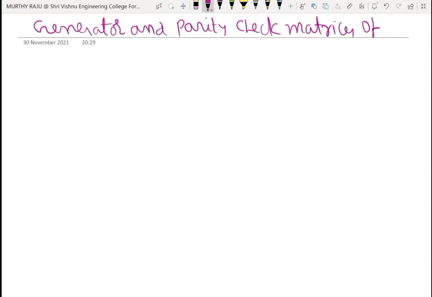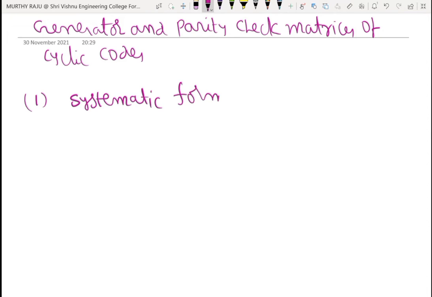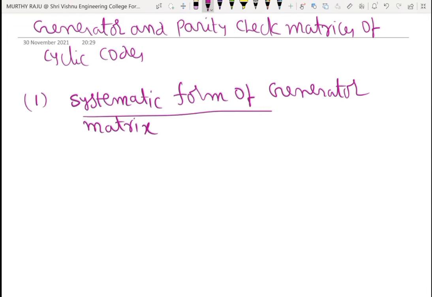Matrices of cyclic codes. First one, systematic form of generator matrix.